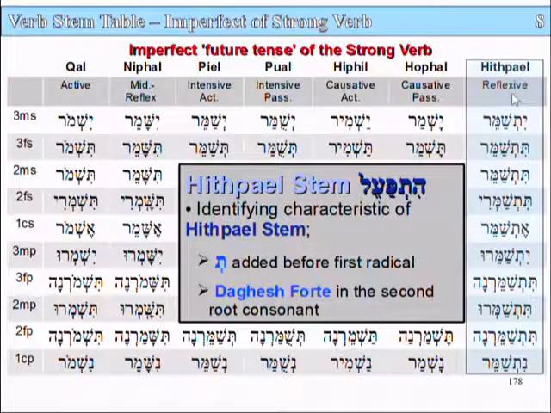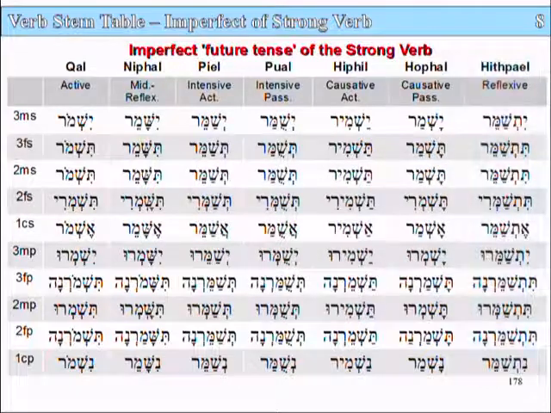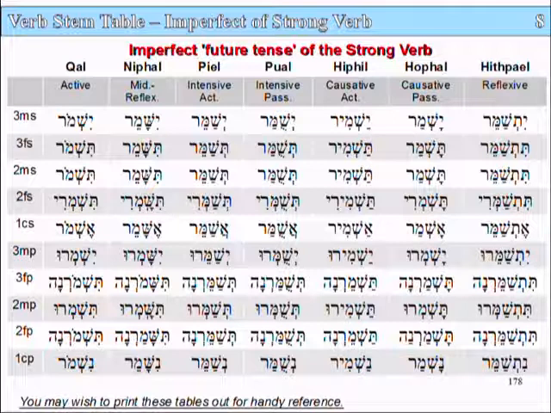So again, the Hitpael was quite recognizable because of that tav added to it. So that's the imperfect future tense of the strong verb, and it's good to have this table printed out just for reference. You're not required to memorize any of this, but just see the patterns in the vowels and so forth.